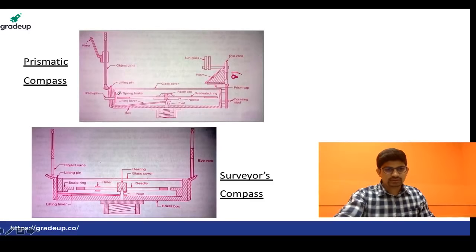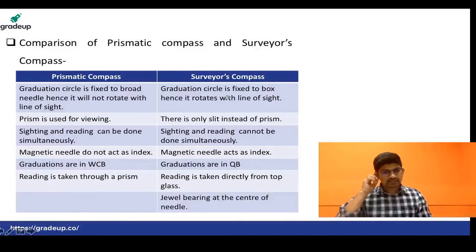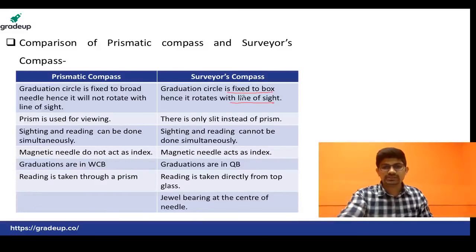This is the graduated circle. It is linked to this needle, so it will not rotate with the box. While in the surveyor compass, the graduated circle is fixed to the box, hence it will rotate with the line of sight.